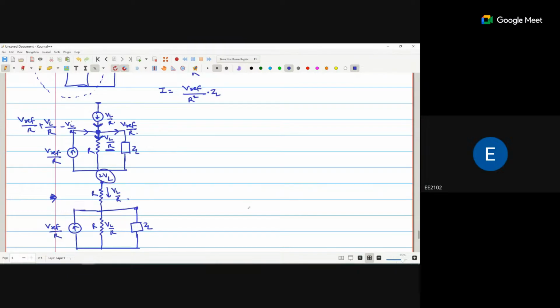We are getting VL here. So how do we convert VL into 2VL?